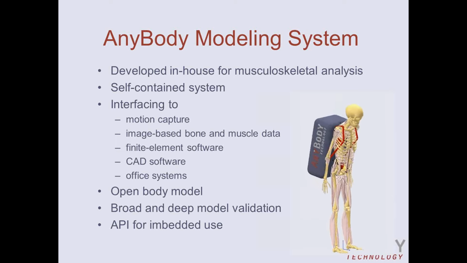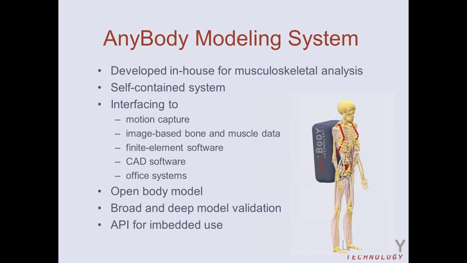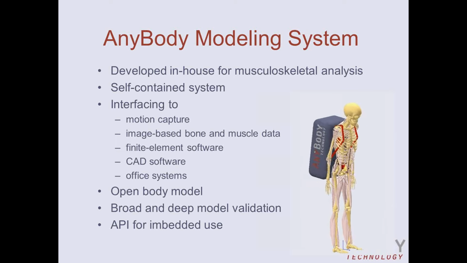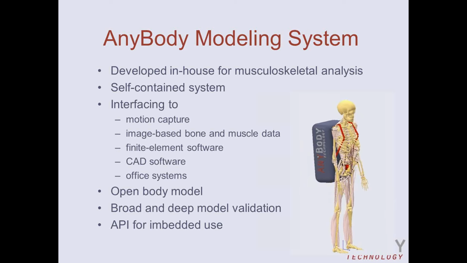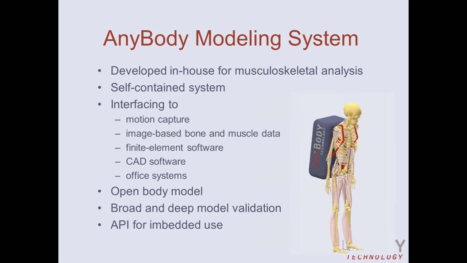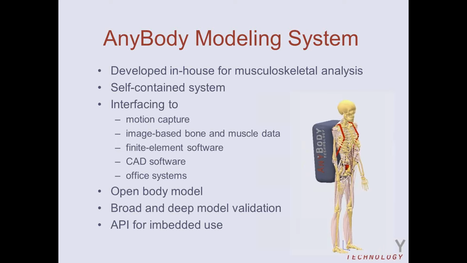It can interface to finite element software and to CAD software as well. There is an open body model to do the simulations together with the software, and of course this body model has been very widely validated.